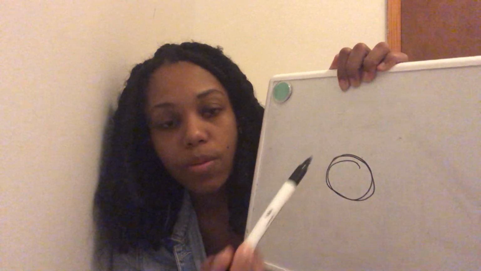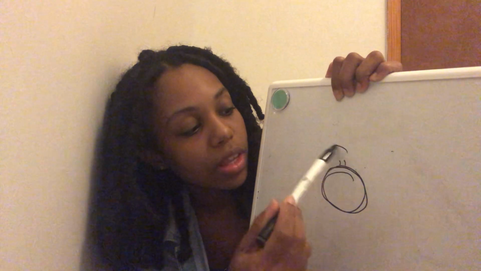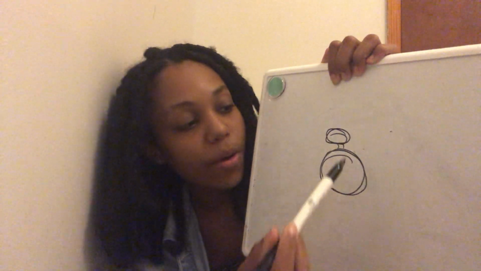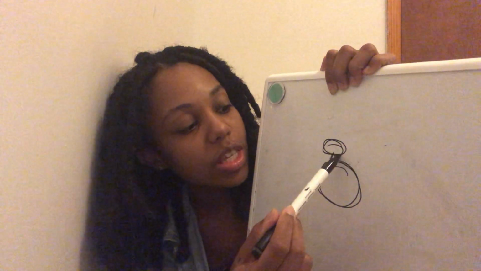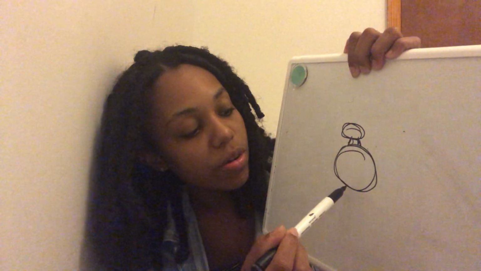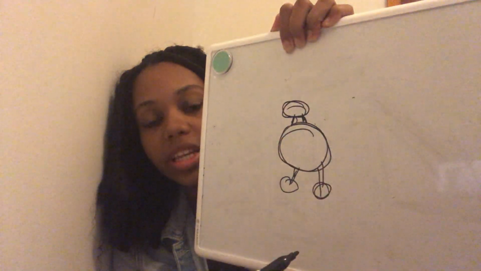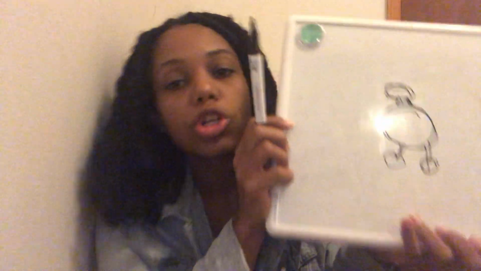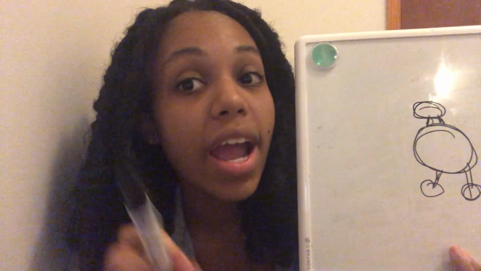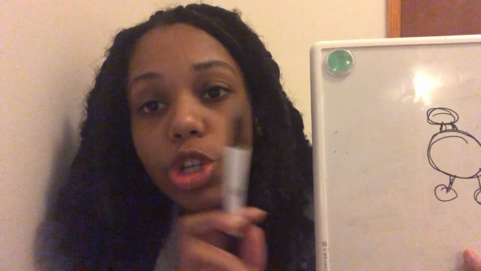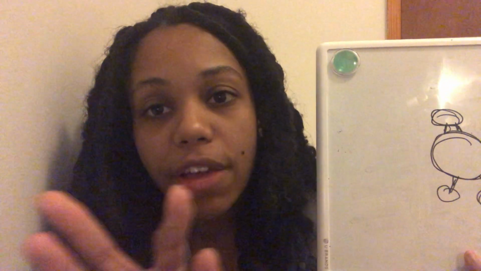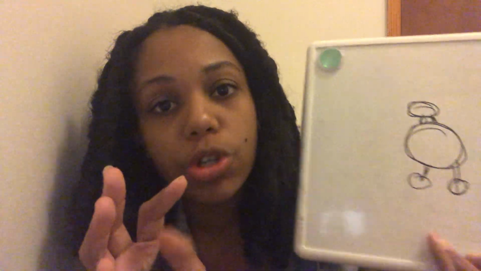If I'm drawing a character and I want him to be really chubby, and round, and I want him to have feet like this, kind of like roly-poly, right? You want to make sure the proportion is right for your character, not just for overall life drawing.